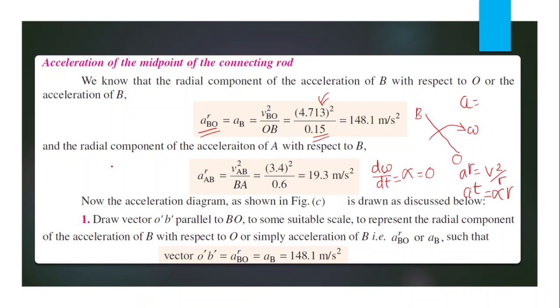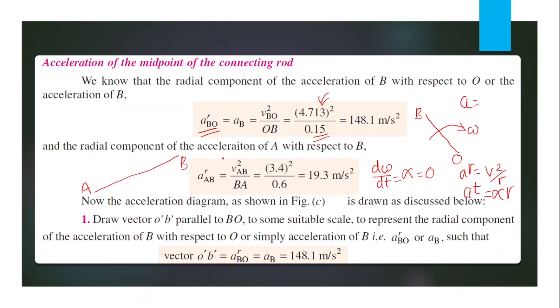Then in the next step, the radial component of acceleration of A with respect to B. Here the link is B and A, AB, the connecting rod. The radial component of acceleration of A with respect to B is equal to v square divided by BA, that is, VAB whole square divided by BA.